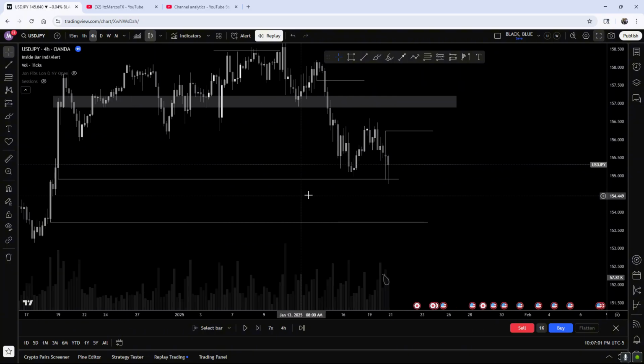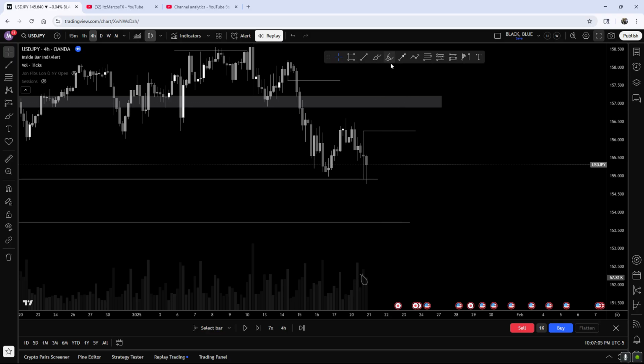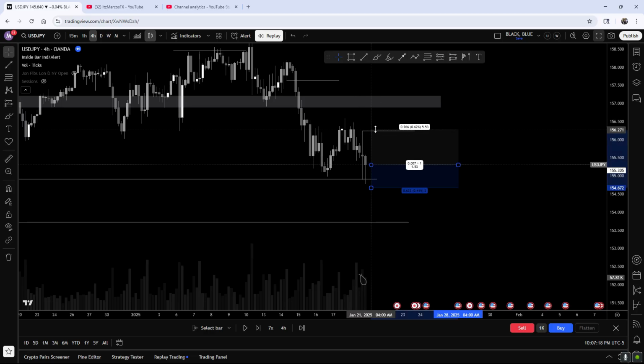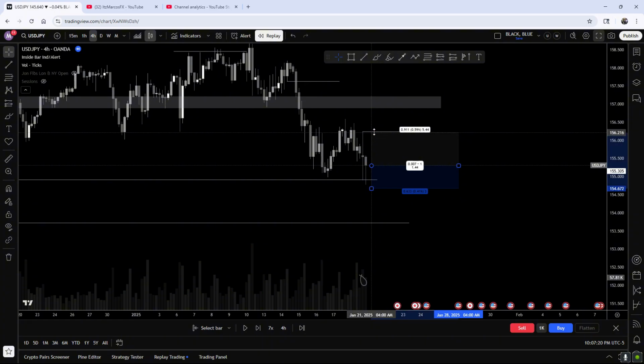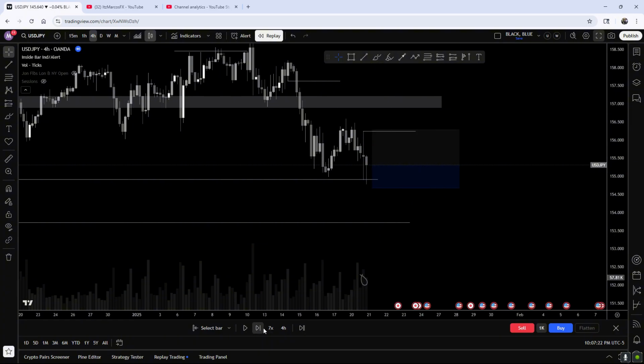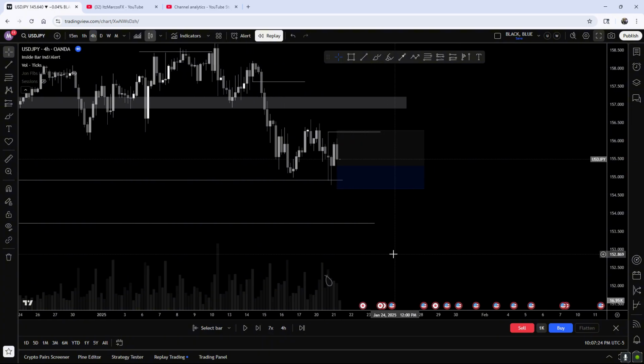So I would like to see it come up. After we took this volume out from this candle, I could anticipate a bullish momentum due to this strong wick and close, right? So I could take a buy from this area to this high for like 1.5. Let's see what price does.